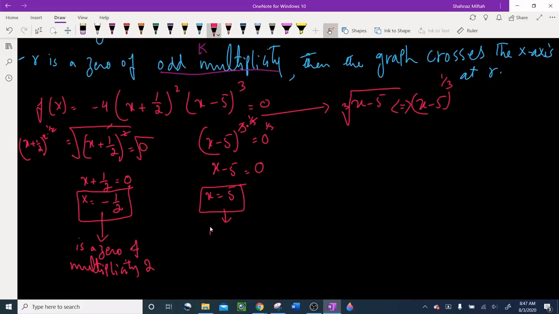This one is a zero of multiplicity 3, and you can tell that's a cube, that's odd.